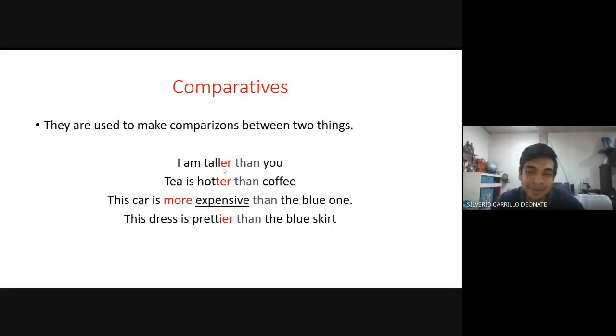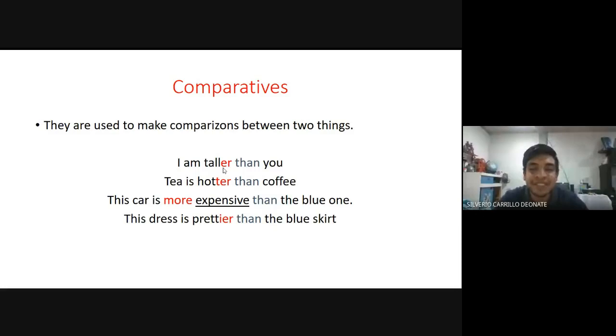So the er ending gives us the intention of más that we have in Spanish, and than is just to take the intention of the que. We need two things or two people in order to make the comparison. I am more tall, or in this case, I am taller than you.